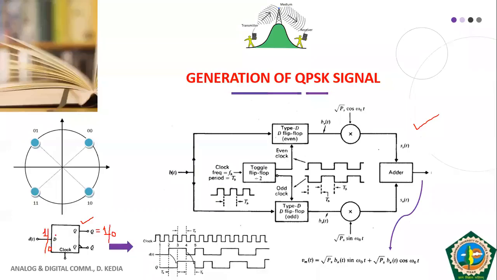That's why it is called the D flip-flop. The same thing has been represented here with the help of waveforms. We need to look into these waveforms carefully so that we can appreciate the working of the QPSK generator. Let us see that.